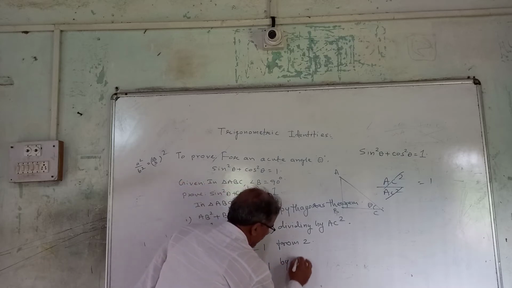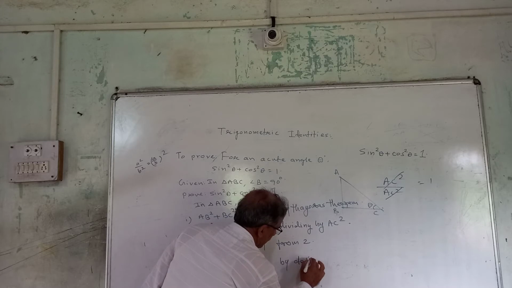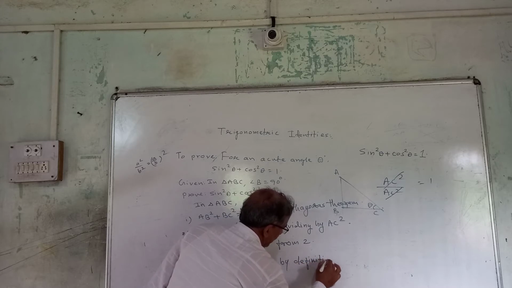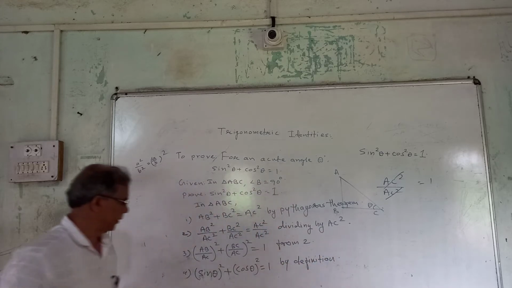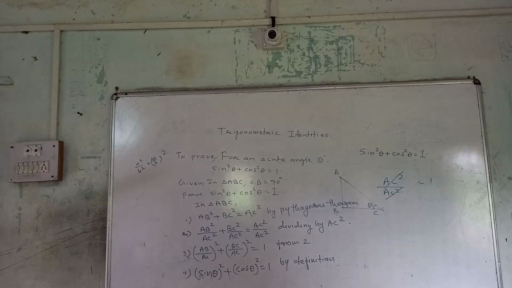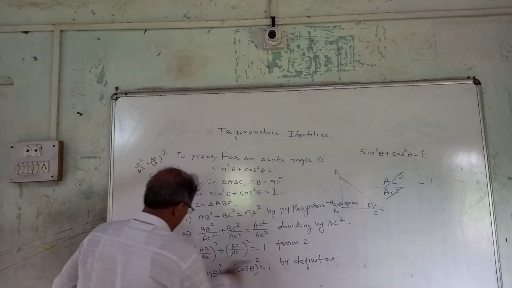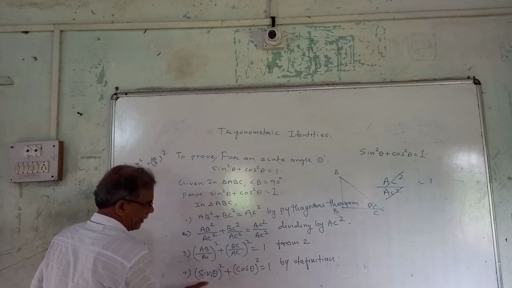By definition. That AB upon AC means opposite upon hypotenuse, sin theta. Then that adjacent BC upon AC means adjacent upon hypotenuse, that is cos theta, and that is equal to 1. And we have written here, by definition, opposite upon hypotenuse, sin theta, like that.